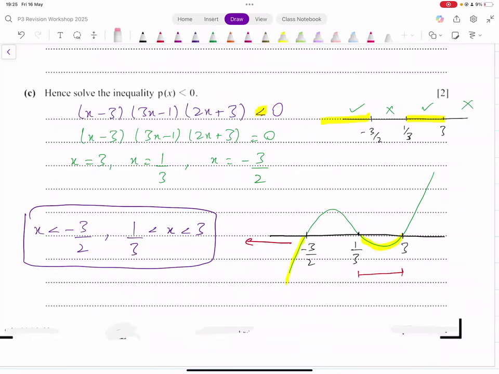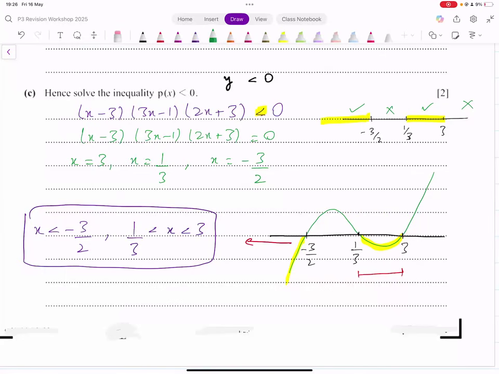Inequality sign is less than 0. So we are looking at the region on the graph where y is less than 0. That means below the x-axis. You can see the highlighted parts here. It could either be this part or this part. How would you write down the values of x corresponding to this? To the left of minus 3 over 2, or between 1 over 3 and plus 3. That's what your solution would be in this case.